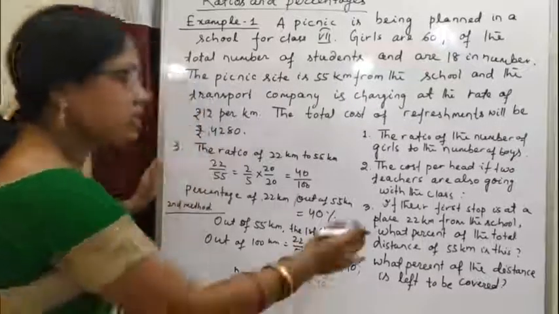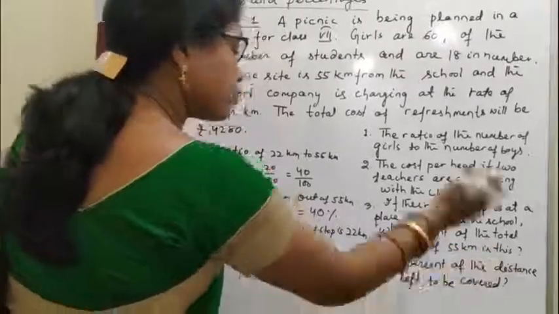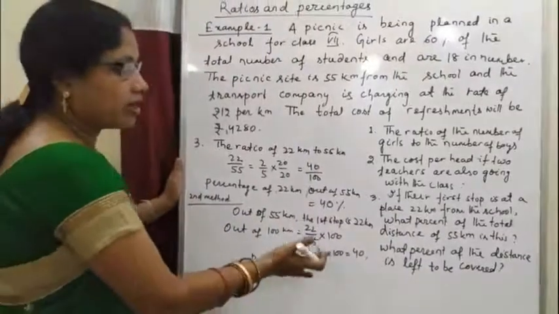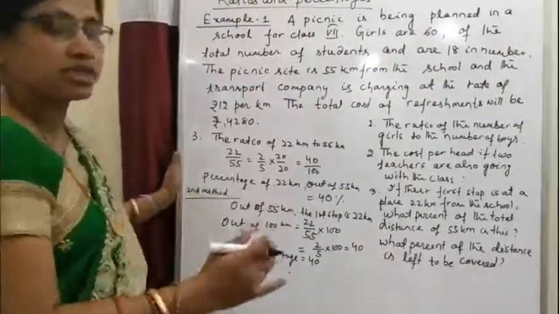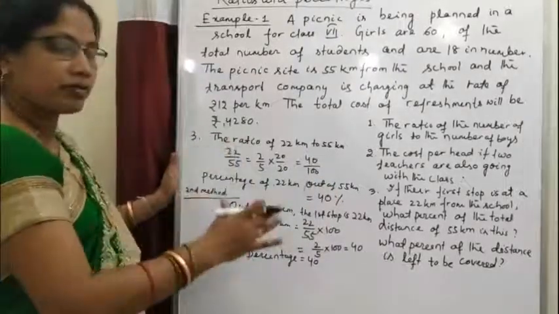But the question asked is, what percent of the distance is left to be covered? If they have already traveled 40%, then what is the percentage of the distance left? Total is 100%. Already they traveled 40%.